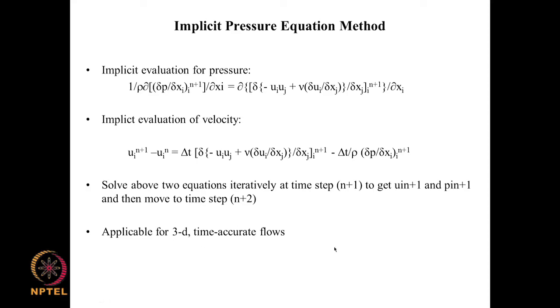In the next lecture, we will look at a pressure correction approach which is similar to this in some sense, but is one particular form of the pressure equation method, known as a semi-implicit method, which has proved to be very robust for a range of incompressible flows, both external flows and internal flows.